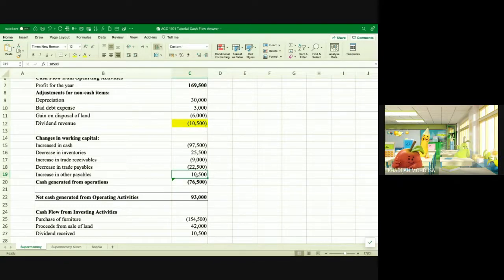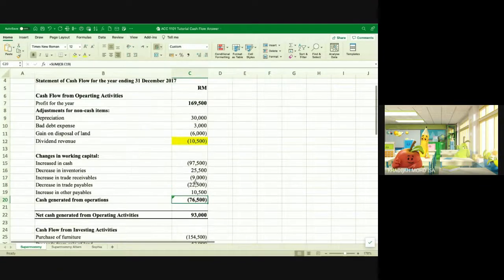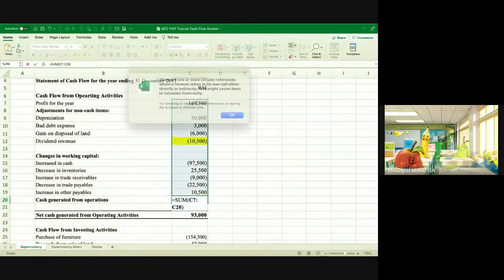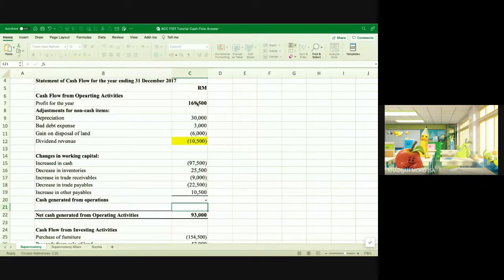Alright. Cash generated from operation. So what you do is that you total up all this lah. Okay, so you total up all from your net profit. Then you add all this adjustment. Okay, then you should get berapa ni?